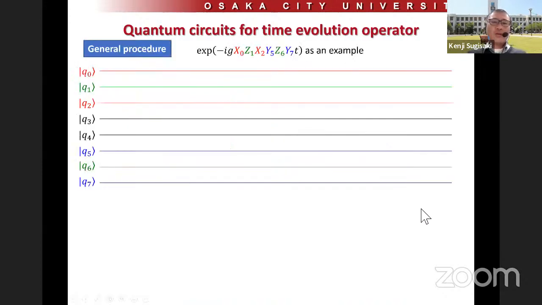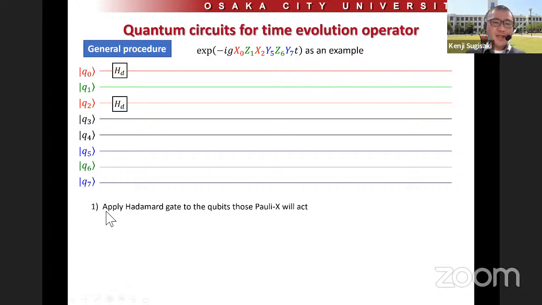So the general procedure of the construction for the time evolution operator can be summarized as here. We can think about the exponential minus i g X0 X2 Y5 Y7 t as an example. First, we apply a Hadamard gate to the qubits so Pauli X will act. In this case, the 0 and 2 qubits.